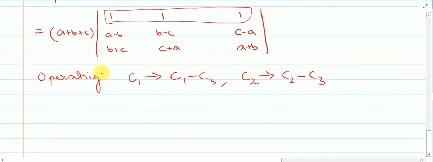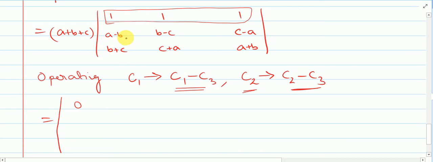So in the next step what will happen, we'll get column 1 after this operation, and column 2 will get after this operation, okay. So here we'll get C1 minus C3. So this one and this one. So 1 minus 1, 0.